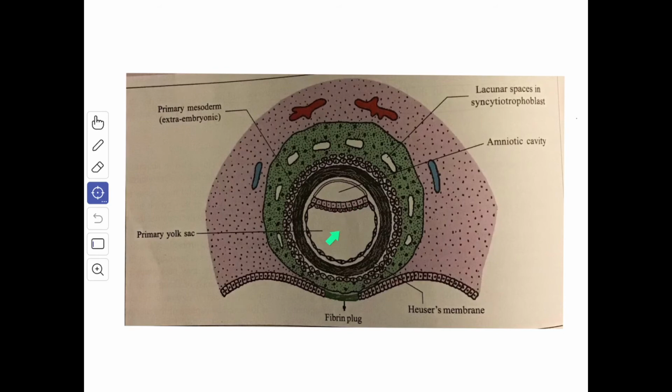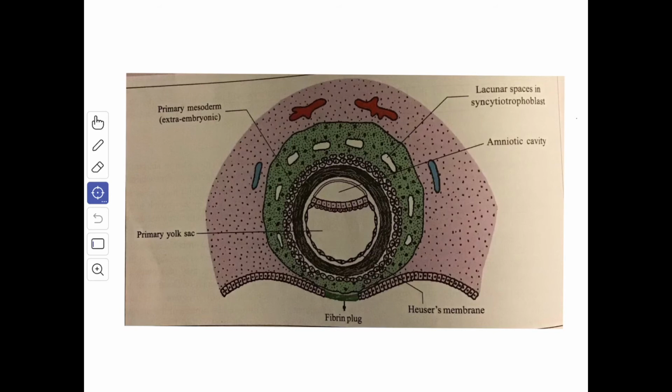This encloses a cavity. This is known as the primary yolk sac. The roof of the primary yolk sac is formed by the cuboidal cells of the endodermal layer, and the rest is lined by flattened mesothelium, that is the Heuser's membrane.